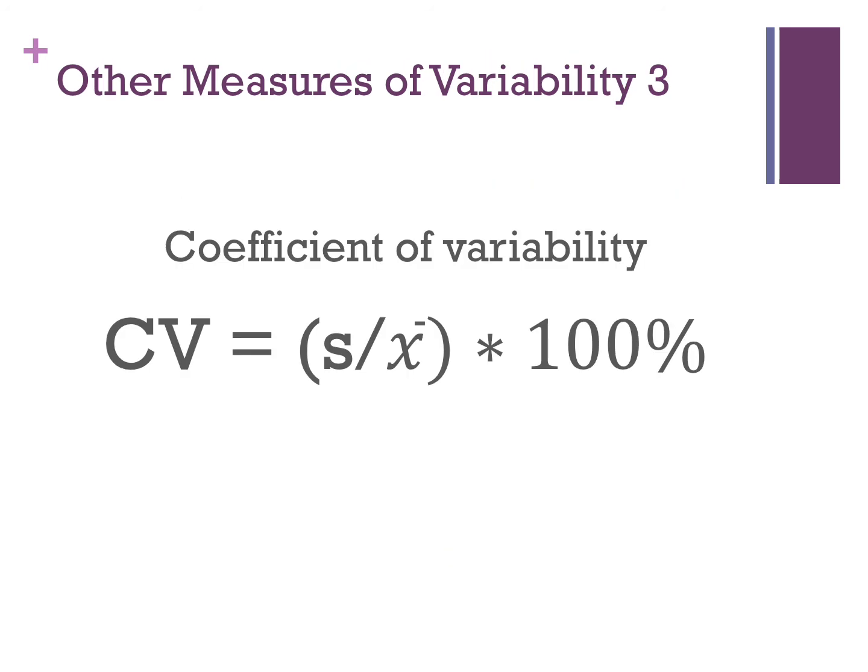A third alternative measure of spread is the coefficient of variability. It involves the standard deviation, but it expresses it as a percentage of the mean. We want to cast the measure of variability in terms of the magnitude of where the data tend to reside. Suppose we had 3 people with incomes $5,000 apart.